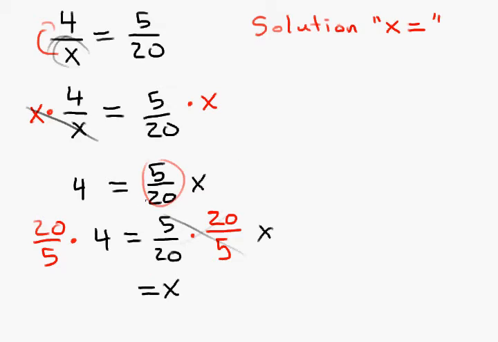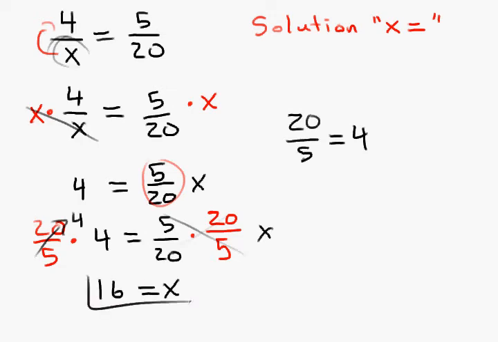And then, you know what? 20 divided by 5 is 4. So this is just 4 times 4. Hey, that's 16. That's our solution. x is equal to 16. And this form is called the rule of 3.